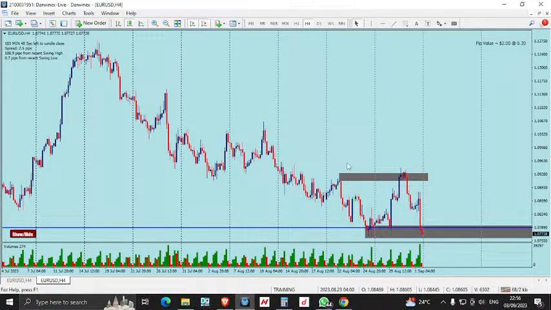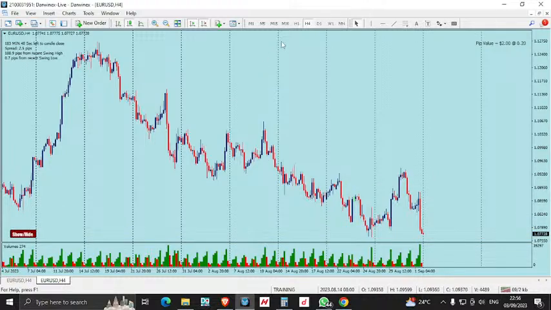Another issue I wanted to talk about is trend line. What is a trend line? A trend line is a dynamic way of following the trend. For example, now look at this.